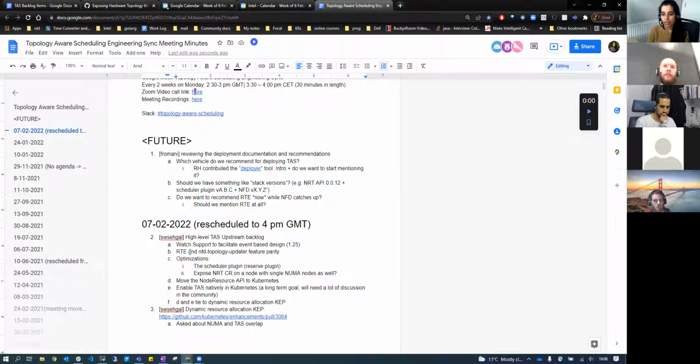Given that we are planning to enable the watch support in pod resource API, does it make sense to enable just the watch support in NFD and skip the smart polling capability? Another way of asking this: once the watch support is enabled in pod resource API, would we keep the smart polling capability in RTE in addition to watch, or would we be removing that?